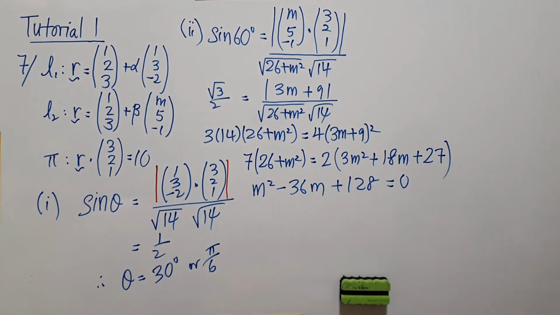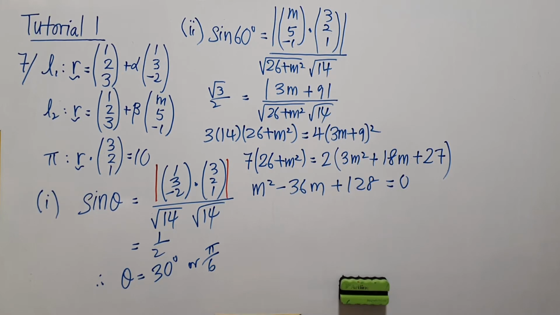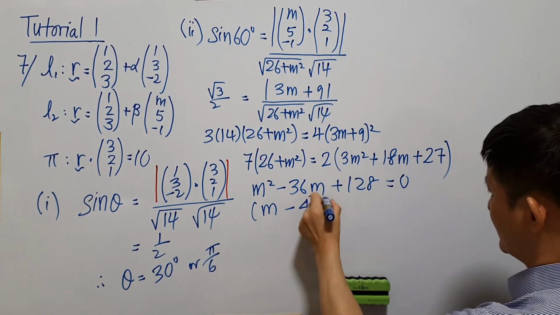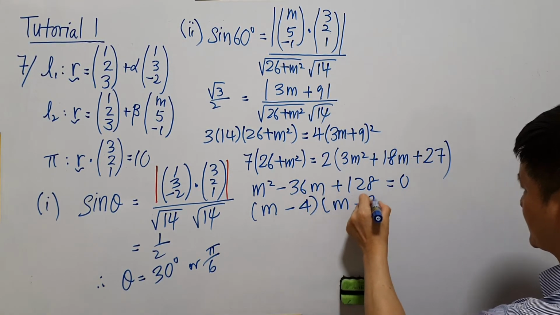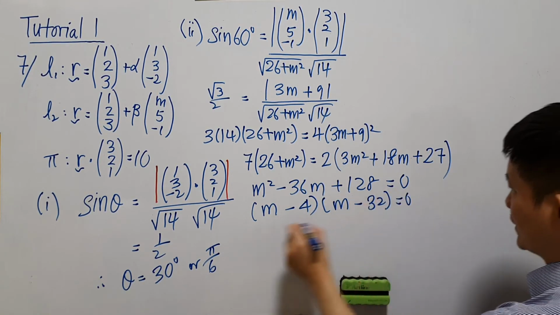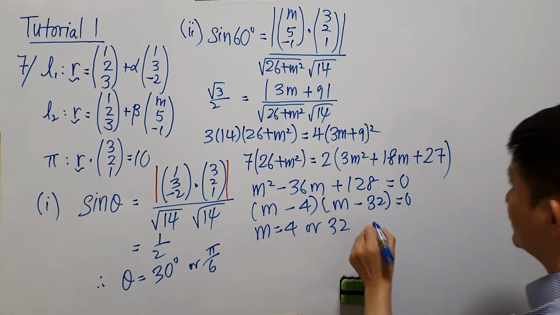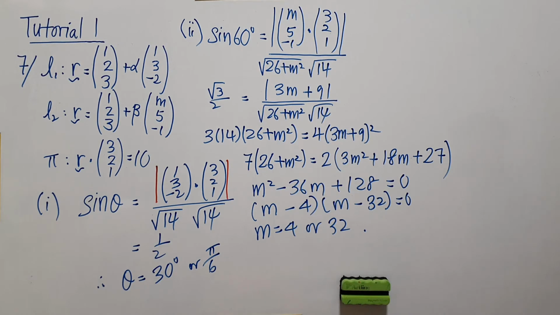Then you can factorize this as (m minus 4)(m minus 32). Therefore, m is equal to 4 or 32. This is part 2 of question 7.